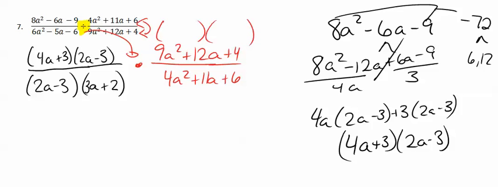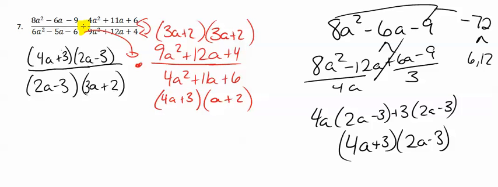So the numerator right here will be a PST, which is 3a plus 2 times 3a plus 2. Now you could write that squared, but because we'll be canceling, I write it as two different ones. And your denominator will be 4a plus 3 times 2a plus 2.